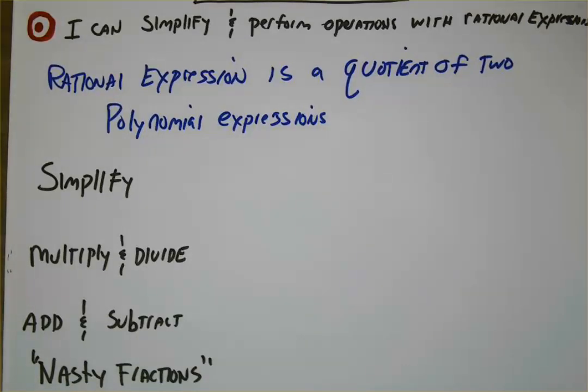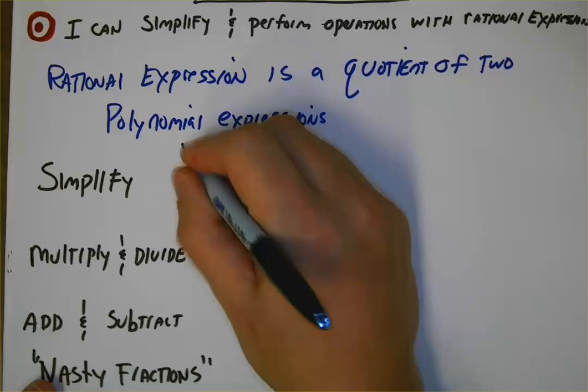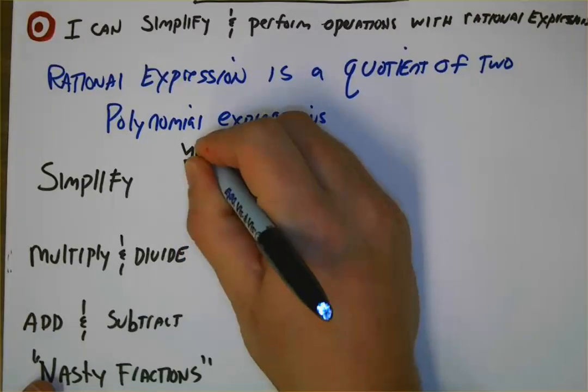So let's talk about simplifying rational expressions. It's super easy. There are two steps.